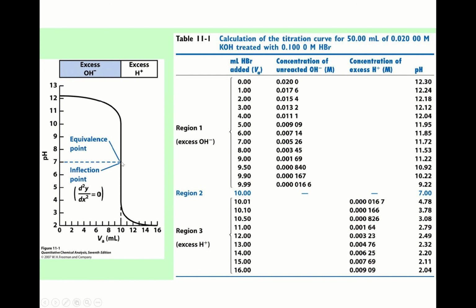Another way to find the equivalence point is to differentiate this curve, which will give you a peak shape, and the peak position is the equivalence point. If you differentiate one more time, the second derivative, you can find the zero point.